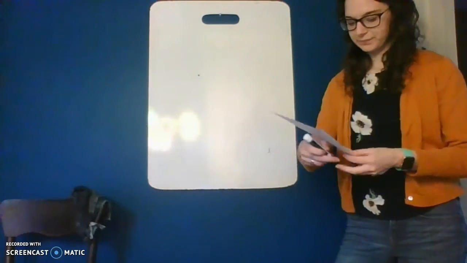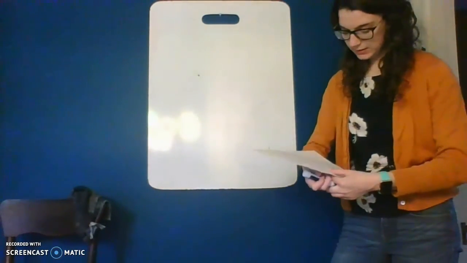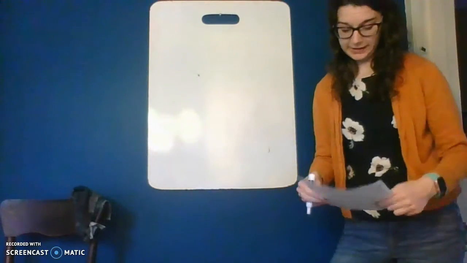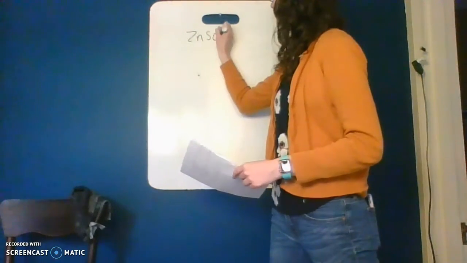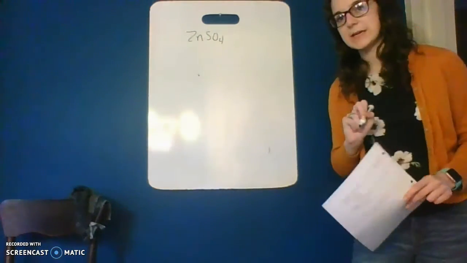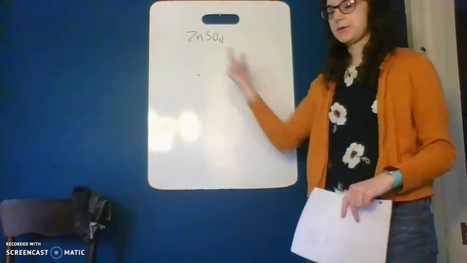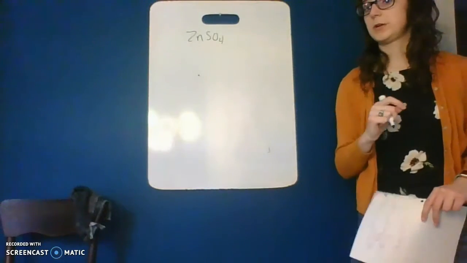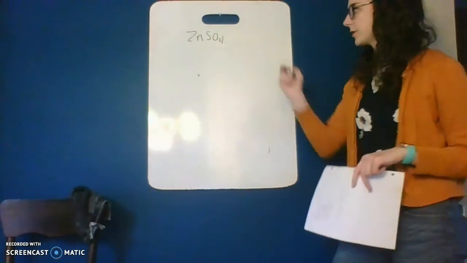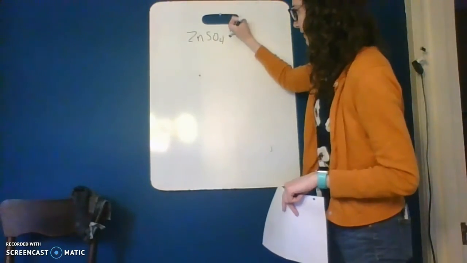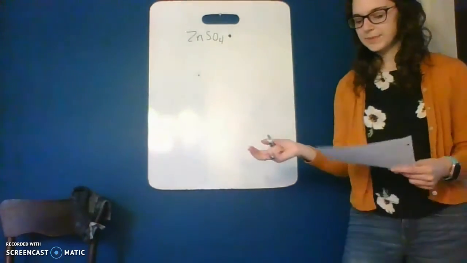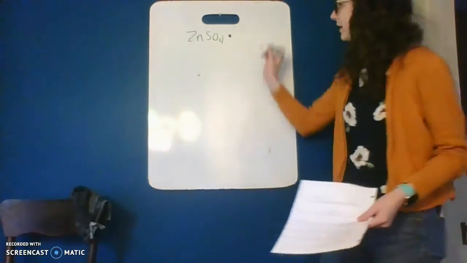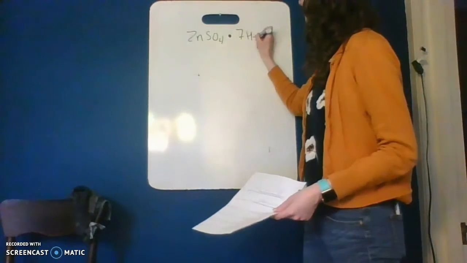It wants to know the percent of water in this zinc sulfate heptahydrate. Zinc sulfate is ZnSO4. To represent hydrates, which are molecules that incorporate water molecules into their structure, we always put this little dot here, which I think of like a multiplication symbol, even though it's not. And then heptahydrate is 7H2O.